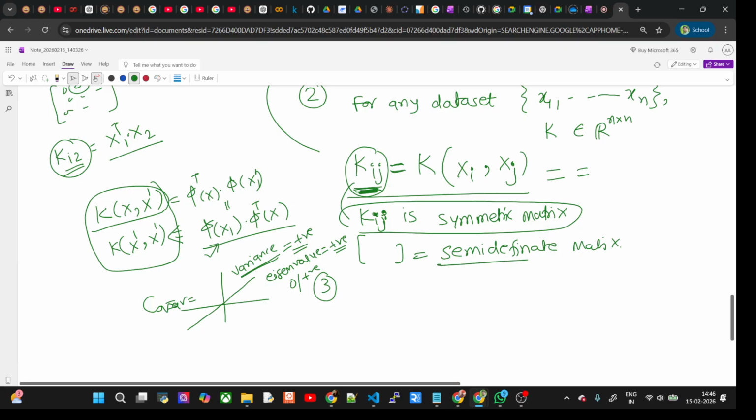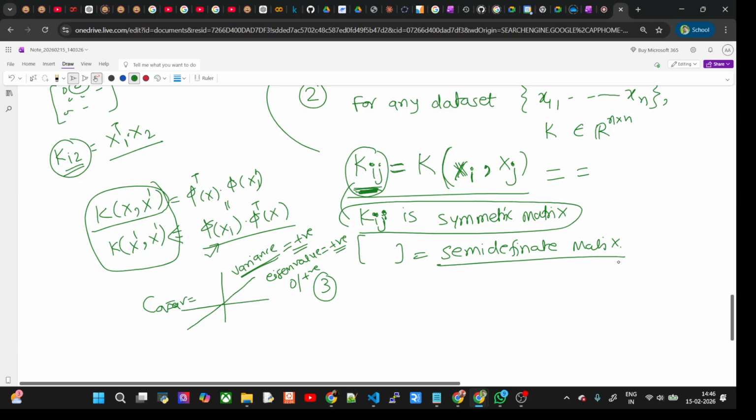So the kernel has to be symmetric, and the K_ij matrix that we calculate here also has to be symmetric with non-negative eigenvalues, greater than or equal to 0. That matrix has to be a semi-definite matrix.